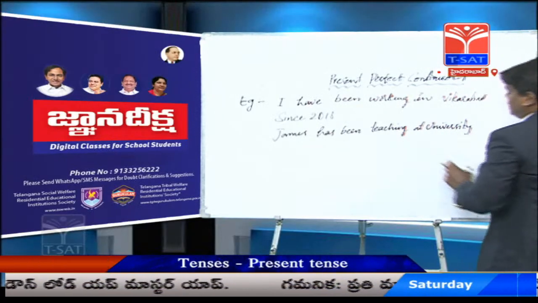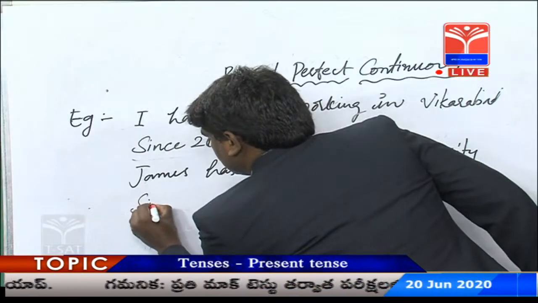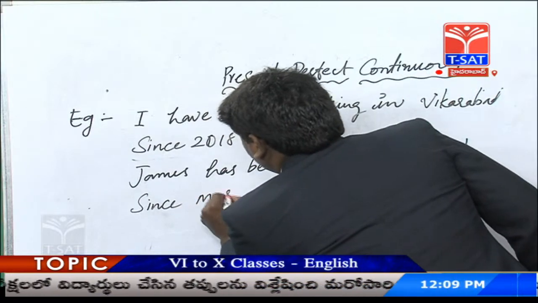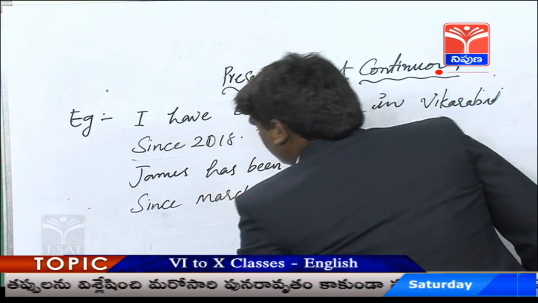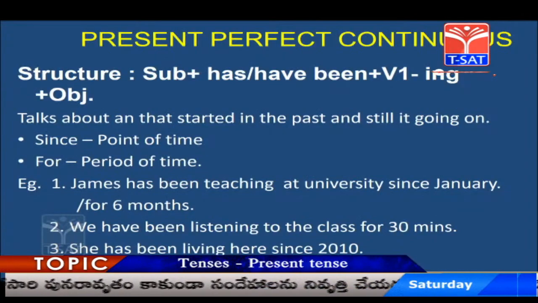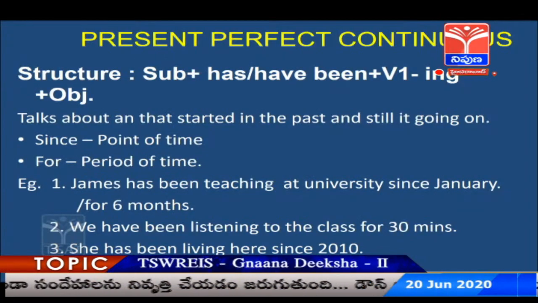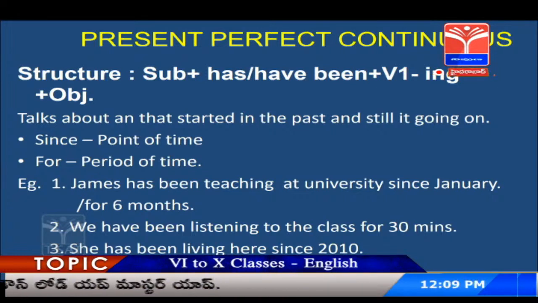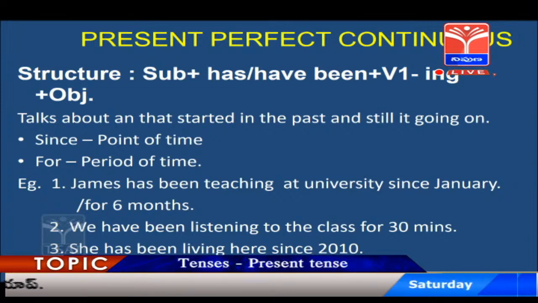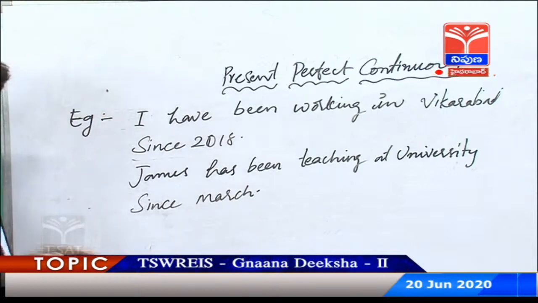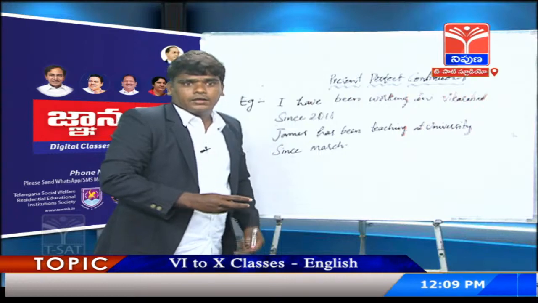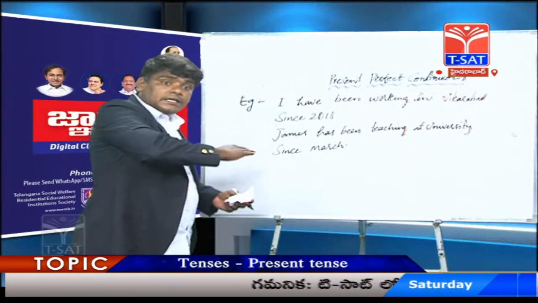James has been teaching at university since March. Since March. See, here this is the starting point, when he started in March. So an action here, James has been teaching at university since March, April, May, June, July. That action started in the past, still it is going on.